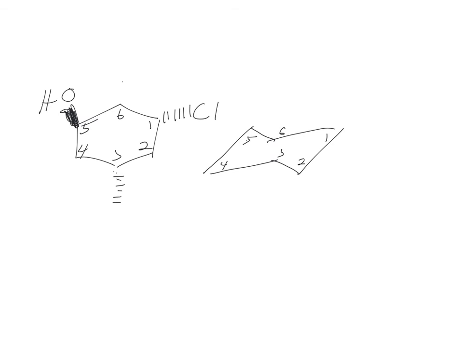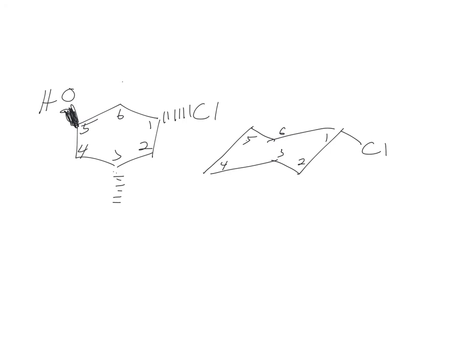So on carbon 1, every carbon in the chair has 2 positions, axial and equatorial. One of them's up, one of them's down, but it's not like axial's always up, or always down. So this chlorine, I like to think of that hash as being down. And I had it on carbon 1. So on carbon 1, what position is down? Axial or equatorial? Equatorial. So I'm going to draw this as that Cl.